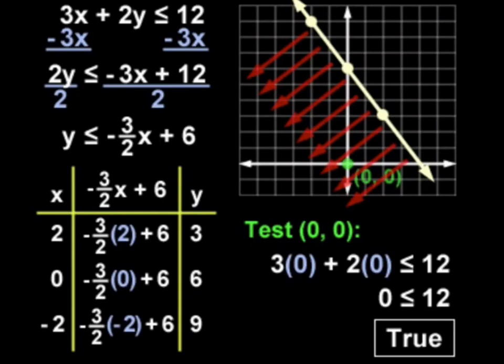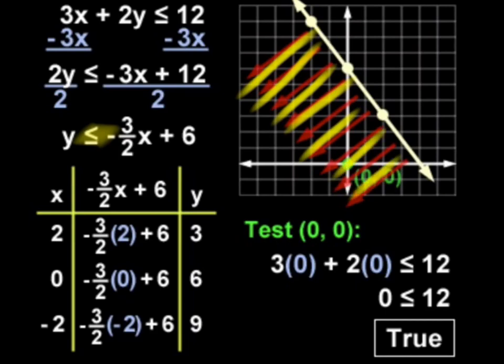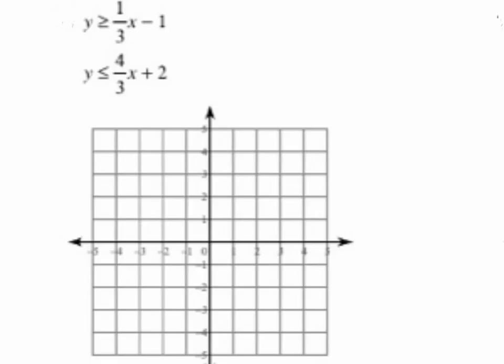So less than or equal to is below. Alright? So go down. So this is what we'll be doing next class, going over 2 of these and how to try that.